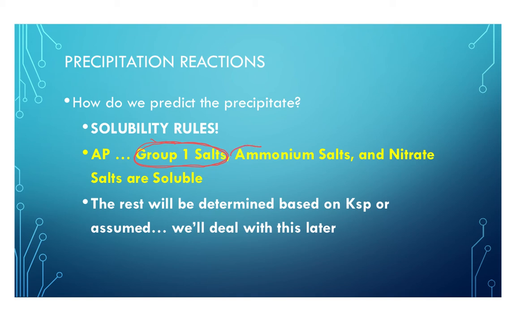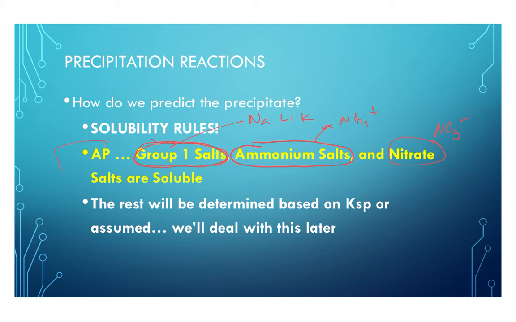Group 1 would be Li, Na, K: lithium, sodium, potassium, rubidium, cesium, francium. You're also expected to know that anything with ammonium, the NH4 plus ion, is soluble, and anything that has a nitrate ion, NO3 minus, is soluble.